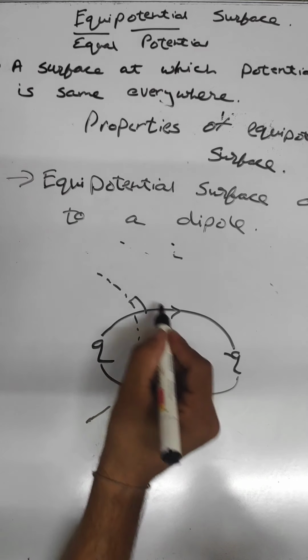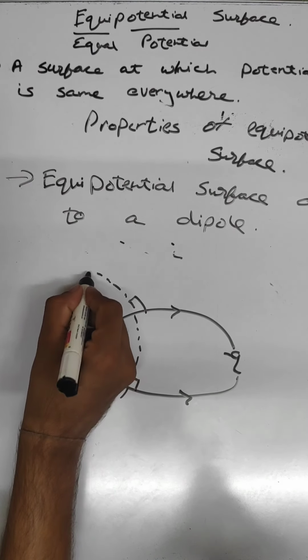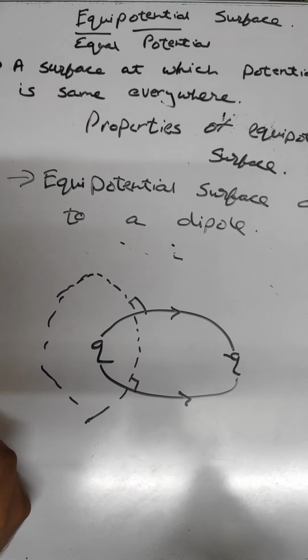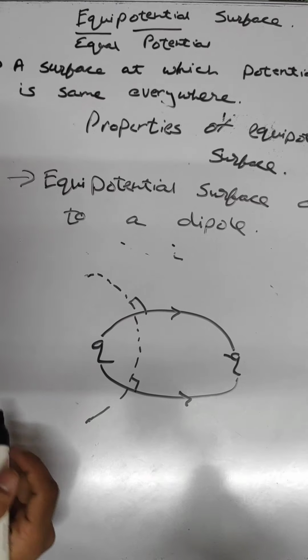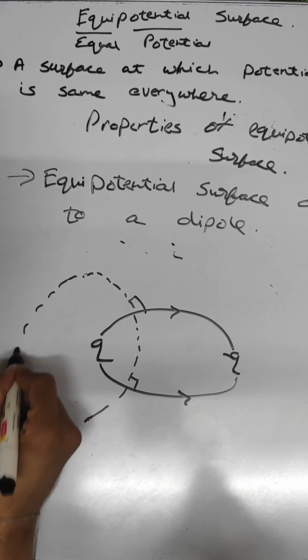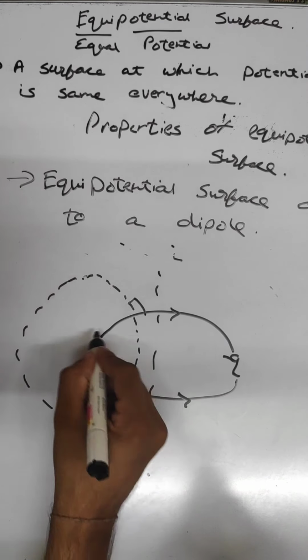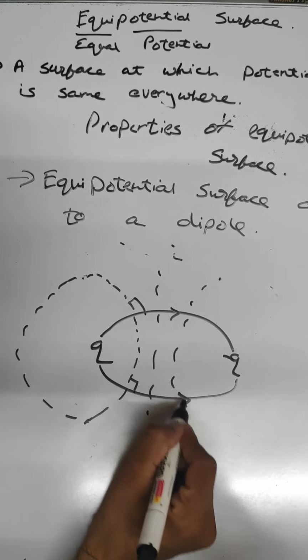So if we go on for other field lines also, it will be in circular form. It will form the circular thing. In the center it will be a straight line. Similarly, as it is on this side, it will be on this side.